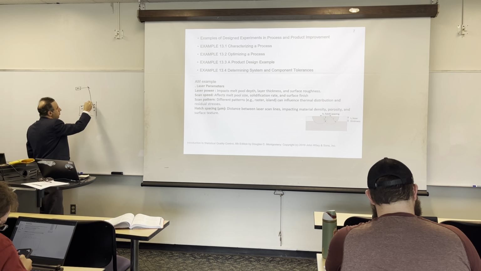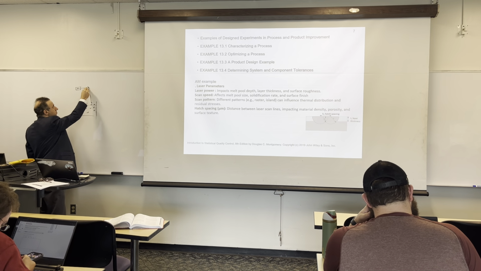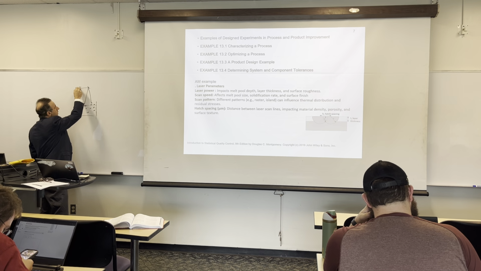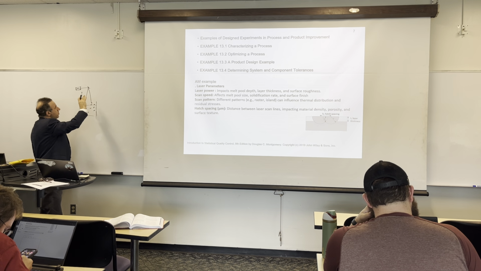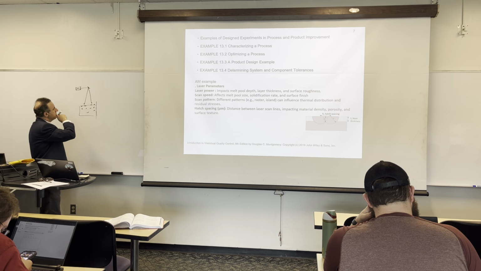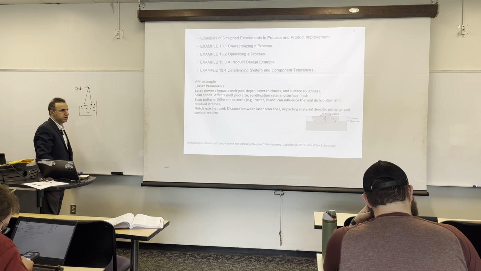So when it moves, the laser may shine here. If it moves in this direction, it's going to shine here. So the source is stationary, doesn't move. Only the mirror moves, right? Rotate, move, any direction. And when the laser shines onto the surface, this powder is going to melt, right?